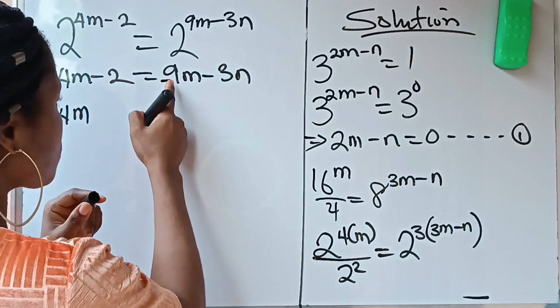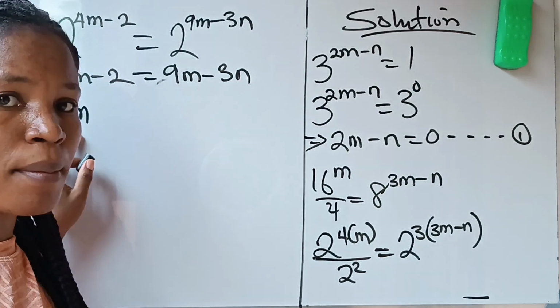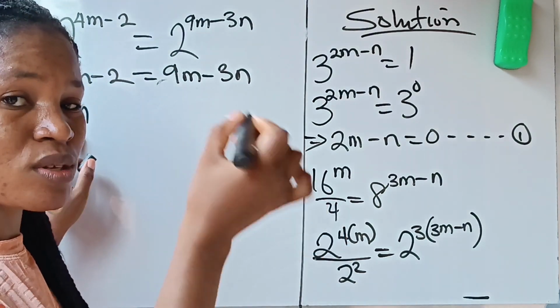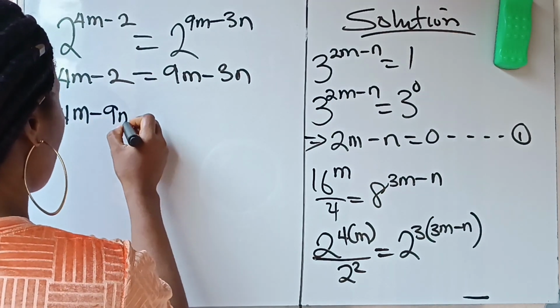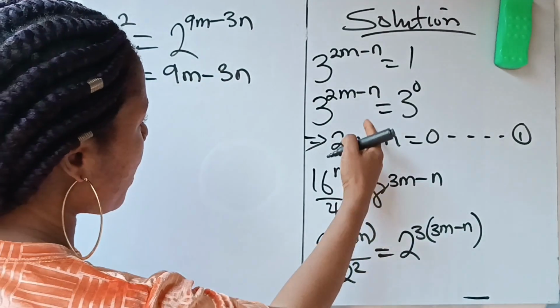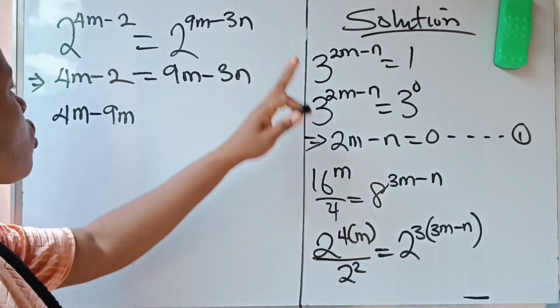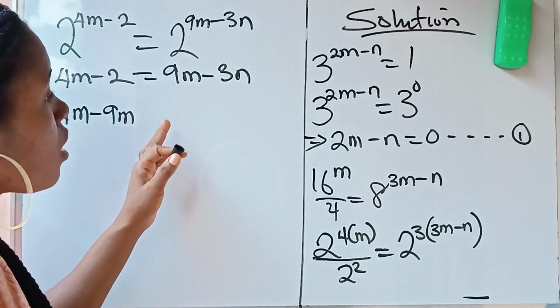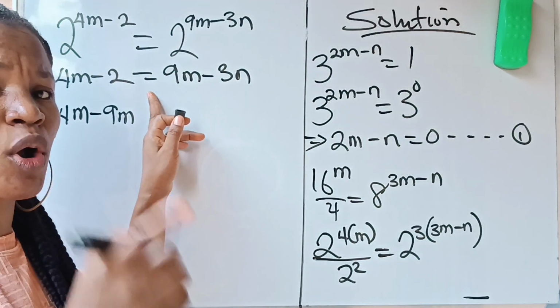If it crosses the equation to meet the 4m, it becomes minus 9m. The sign will change. Now this 3n, remember that we have n on this side as well. I want this 3n to also cross over to this side. This 3n is negative, and if it crosses the equation side, it becomes positive.